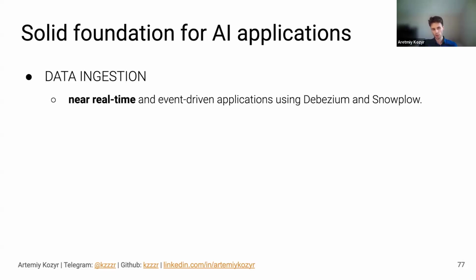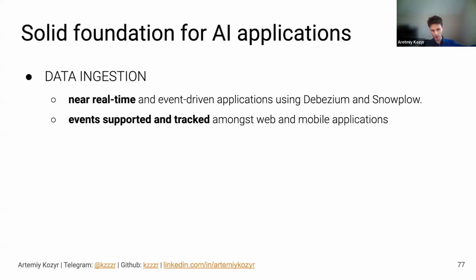So in terms of ingestion, near real-time and event-driven applications allow multiple opportunities. So tracking events cross-device, cross-platform is essential for your customer behavior analysis and reacting and creating some follow-up actions.